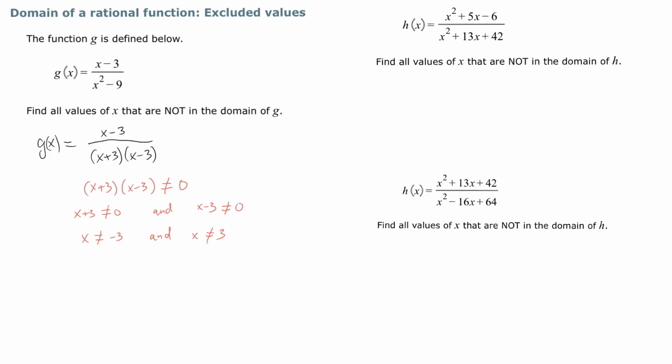That would answer the question. Let's answer the question just to be very, very clear. The values x equals negative 3 and x equals 3 are not in the domain of g.